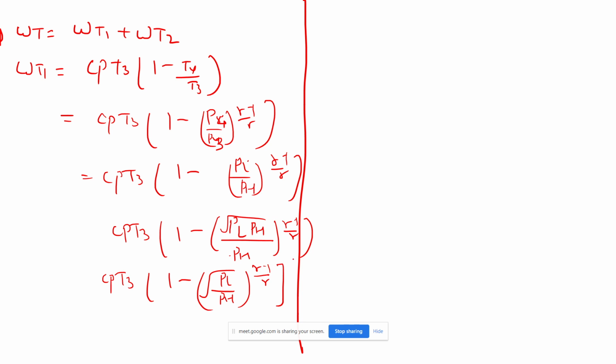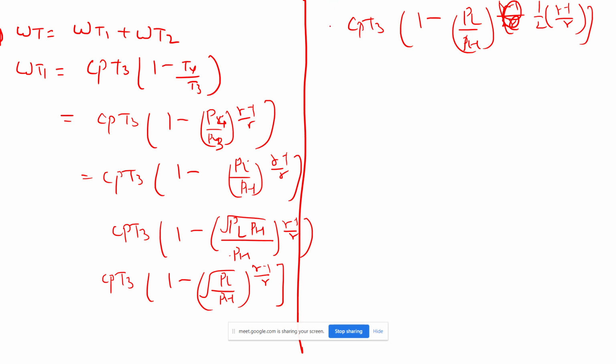Which we can further write as Cp T3 times (1 minus (P lower upon P higher) to the power gamma minus 1 upon 2 gamma). I will write this as 1 upon 2 into gamma minus 1 upon gamma. Is it okay?